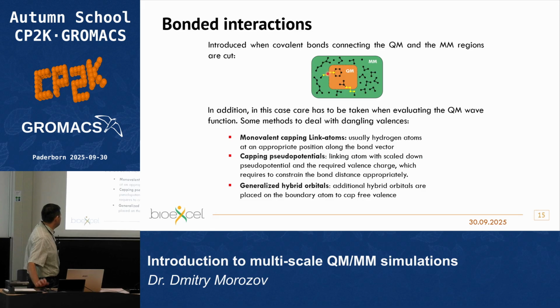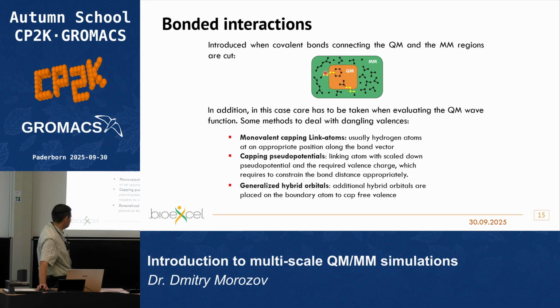Because if you break that bond, your atom in the QM system, for example this carbon, no longer has its counterpart here. But there should still be an electronic orbital pointing towards that atom, and you need to solve that problem.